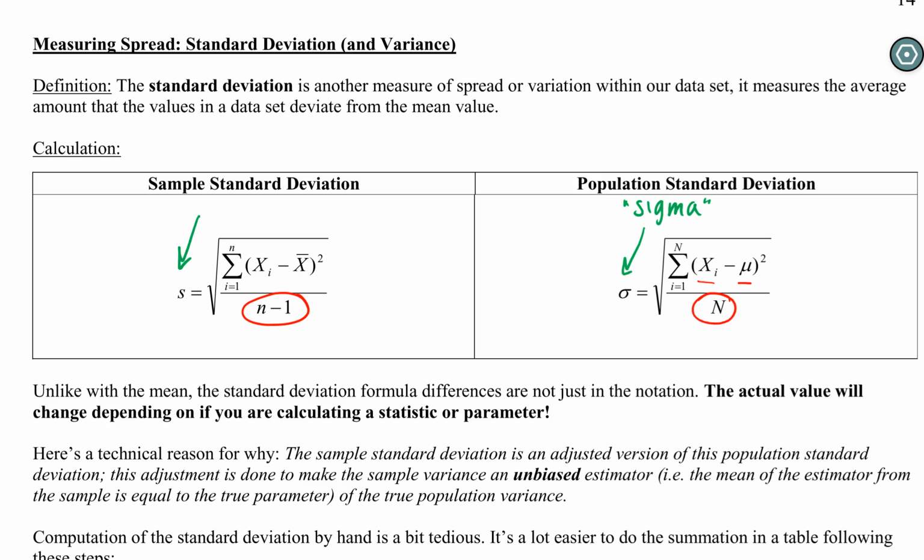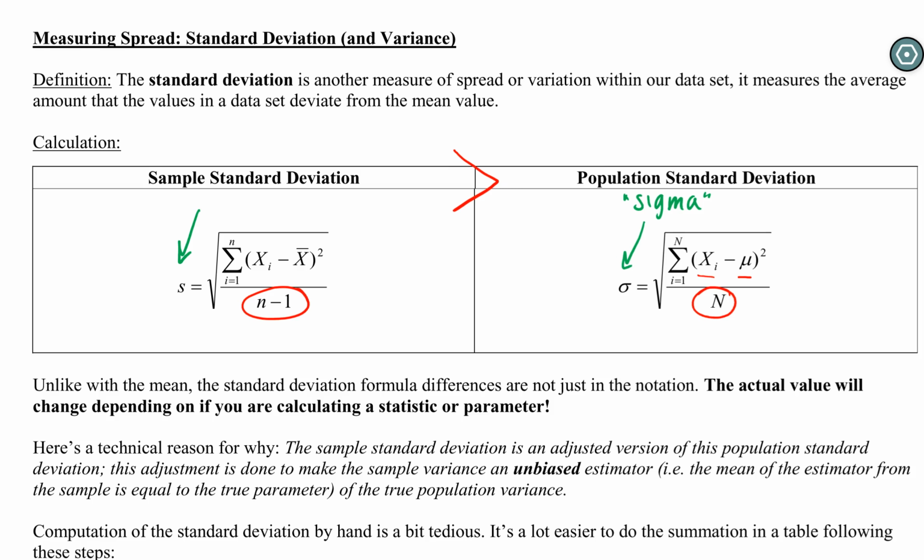Our standard deviation for the population is always going to be smaller than our standard deviation for the sample because we're going to divide by a bigger number, right? We're not doing that minus 1 piece. And this is all because in the sample standard deviation, we are using the sample mean as part of it. So there's a bit of unknown, this degree of freedom that's missing.